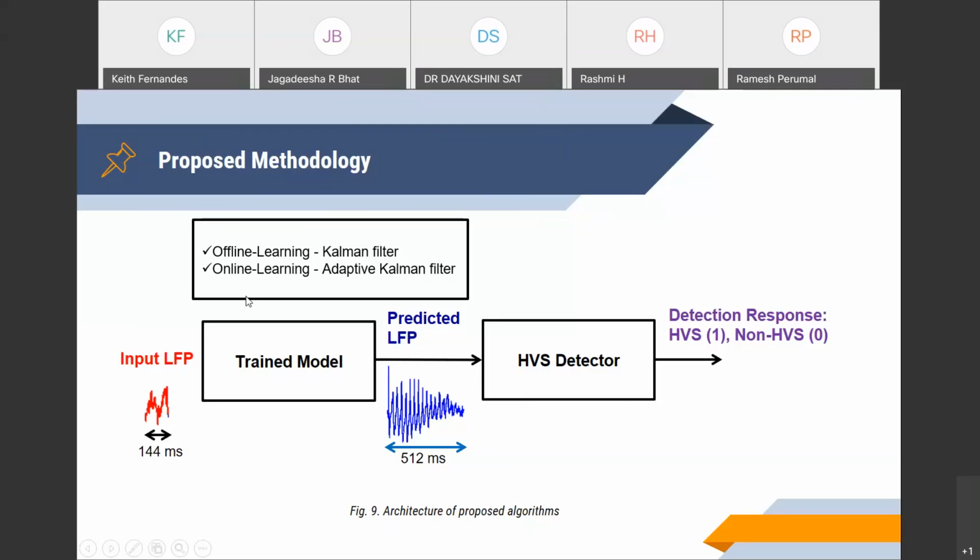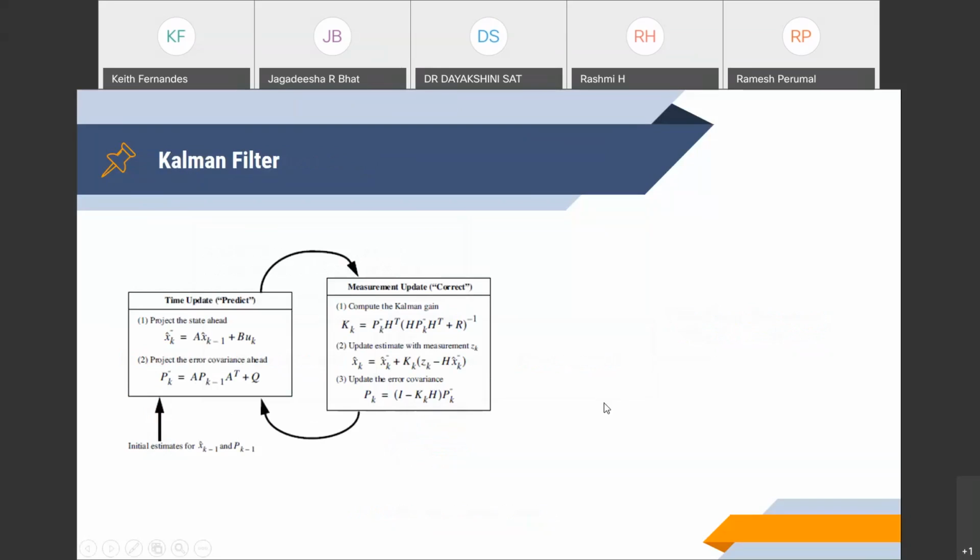In the offline learning algorithm, the predicted samples will be close to the stationary components of the high voltage spindle. So that's why the Fourier transform gives good, acceptable, sufficient performance when compared to the isolated Fourier transform.